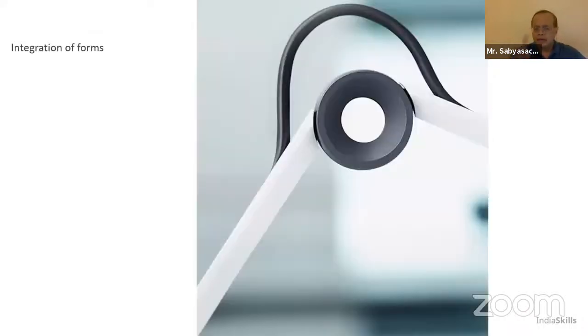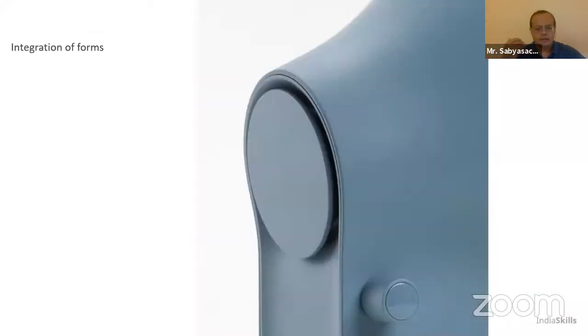Or you have this very interesting hinge with two arms, maybe of a table lamp, which is a very nice looking form. So formal detailing is very important. Even something that wraps around, cool looking things.